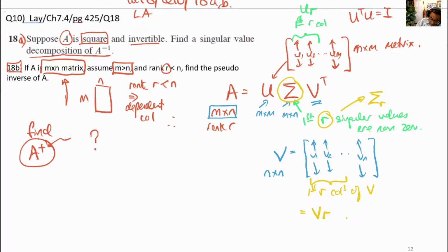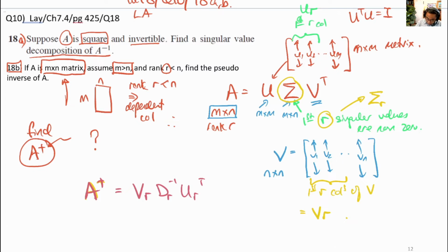Then we can now find A plus, the pseudo inverse of A. The details you can read from the book, but A plus is Vr, sigma r inverse, Ur transpose.